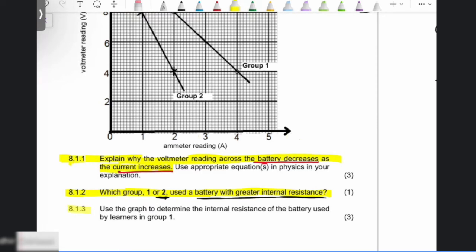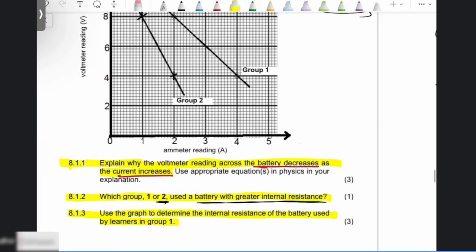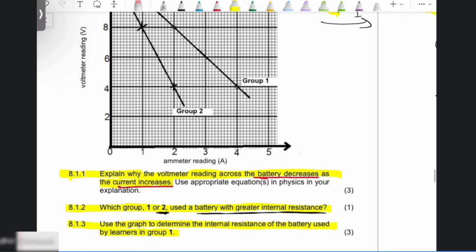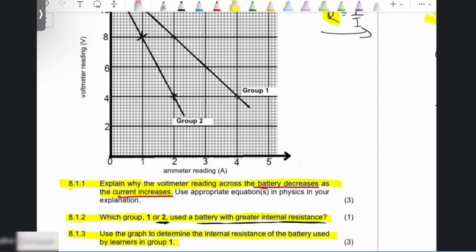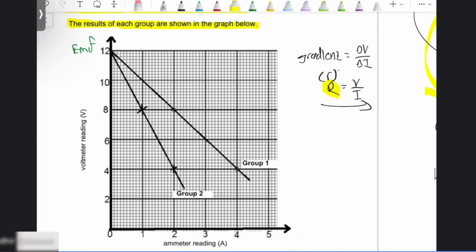Use the graph to determine the internal resistance of the battery used by the learners in group 1. We know that the gradient represents internal resistance. I'll choose these points here: the starting point, 0 and 12, and my other coordinates, 2 and 8.